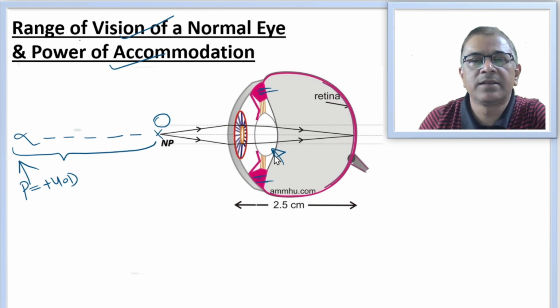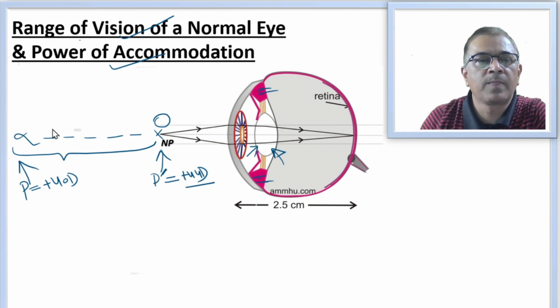In this case, the eye lens system has the minimum focal length and correspondingly maximum power, given by the value P dash equals plus 44 diopter.